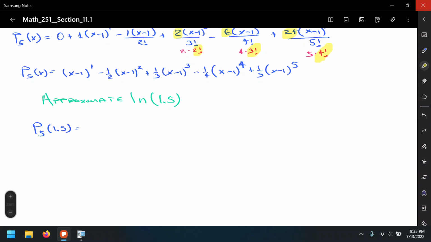But what happens when 1.5 gets subtracted by 1? Well, that's going to leave us with 0.5 inside of the parentheses. And I'm going to take advantage of that to shorten the steps right here.